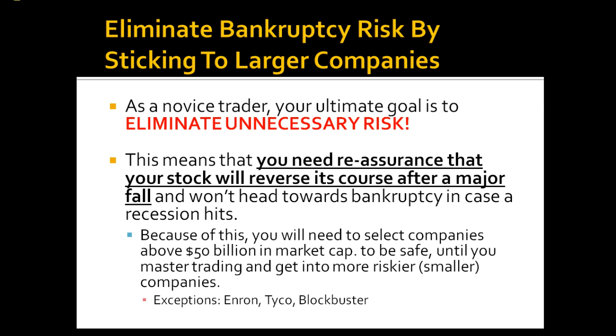Meaning, if something goes wrong, you have the option to wait it out until it comes back to the point, or at least close to the point where it fell from. Because of this, you will need to select companies above $50 billion in market cap to be safe until you master trading, and then you can get into the riskier companies.